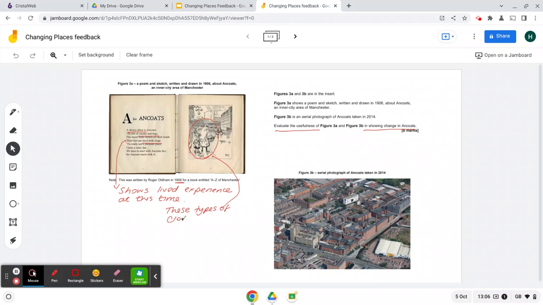So you could use this in your answer. So you can comment that this is useful in showing change.